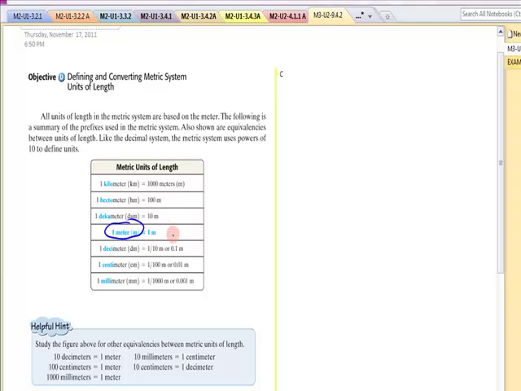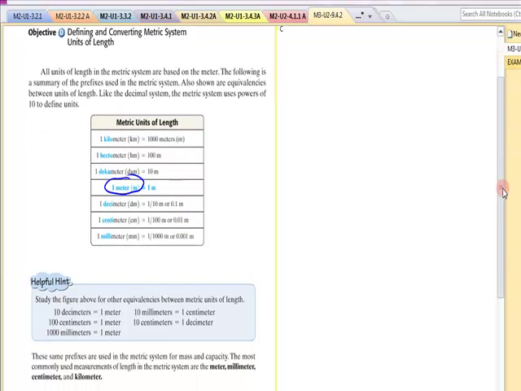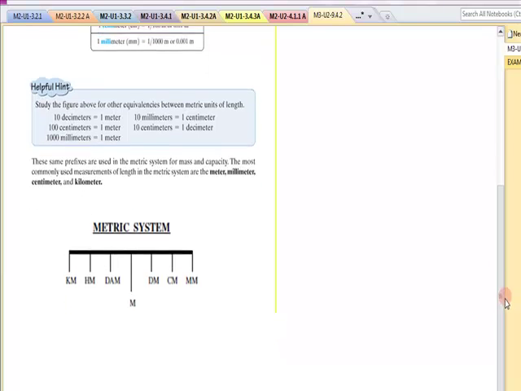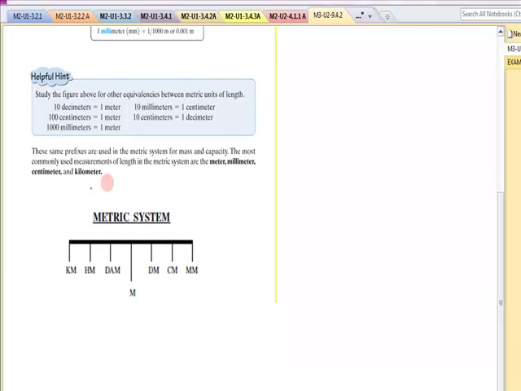And when I either multiply or divide by powers of 10, all it does is move the decimal point. Now, you can do exactly what we did in our last lesson with the metric system, but because of the way they designed it, there is a shortcut. So I would like to focus on the shortcut. You may want to write this little chart down. It has meter in the middle.